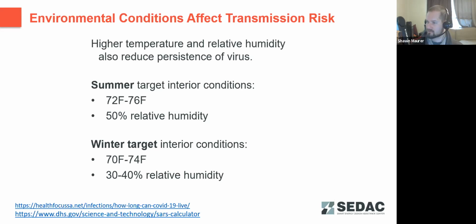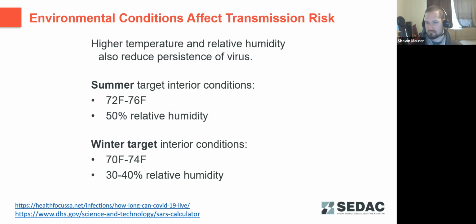Straying outside of environmental comfort can add stress to individuals, and that can increase their susceptibility to viral transmission. But the key thing here is being aware of winter humidity control. There's a fine balance between having too much humidity, where you end up with condensation on cold surfaces like windowsills, and increasing relative humidity to the point where you're not drying out people's mucous membranes, which makes them more susceptible to viral transmission.